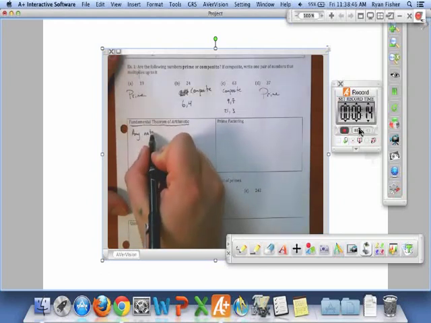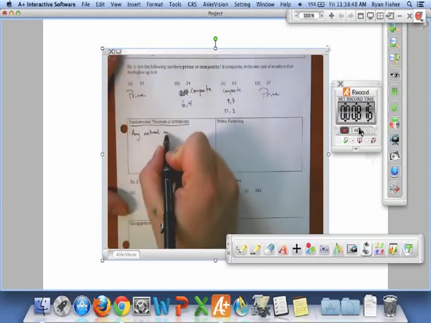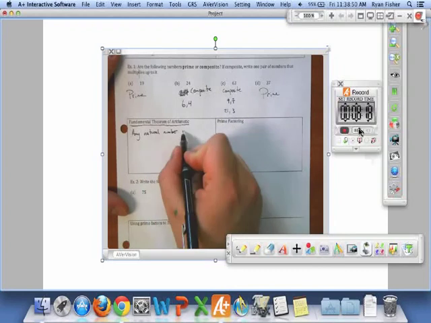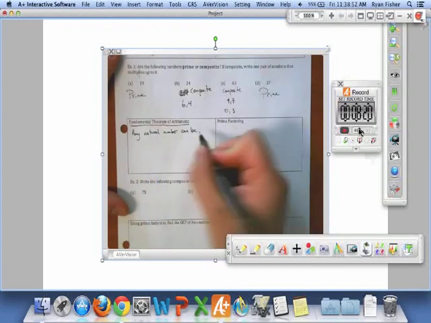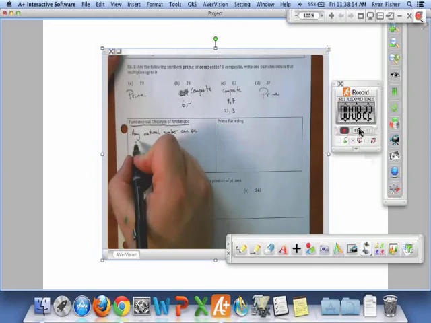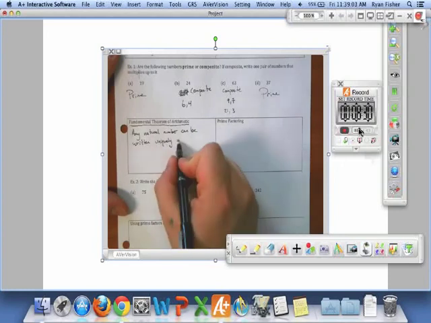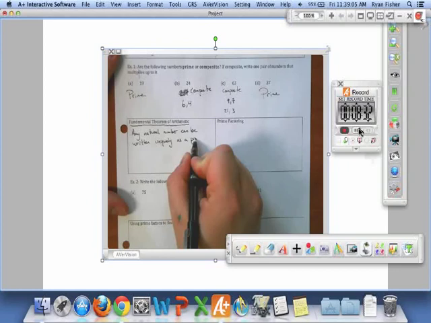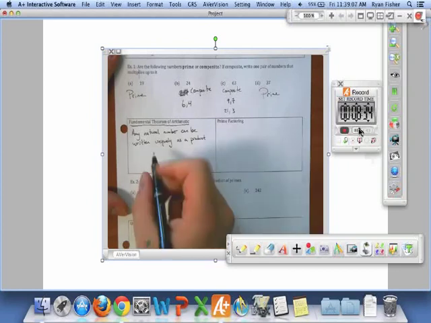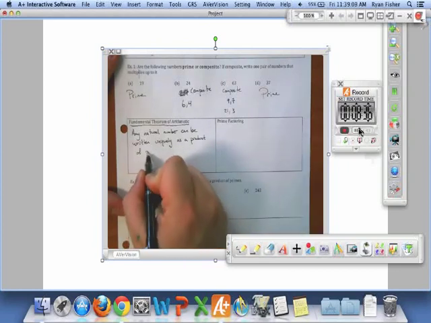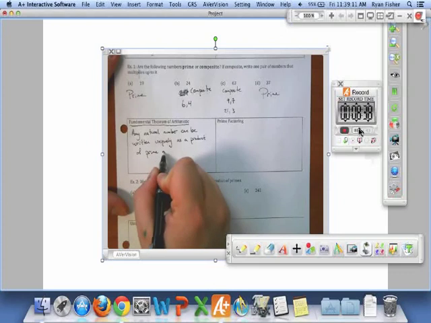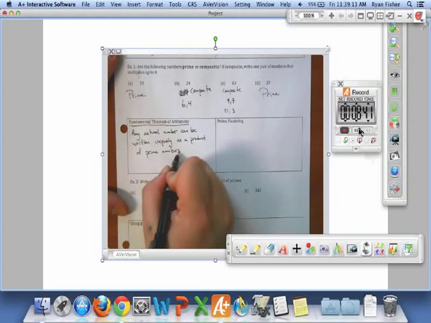It says that any natural number can be written uniquely as a product of prime numbers.